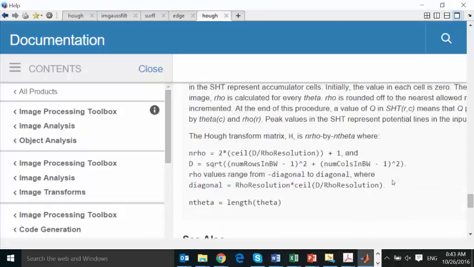Now, if we want to get the number of rows, or the different values for the rho, it is equal to 2 multiplied by the ceiling of D. D here actually is the diagonal distance of the image divided by the resolution, if we have a certain resolution that we can specify, plus 1. Of course, this one has a derivation, okay, but I will not ask you for the derivation in the exam. Okay, maybe I can give it to you as an assignment, but not in the exam, right?